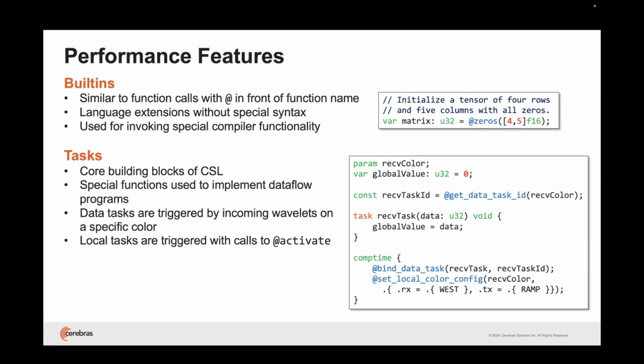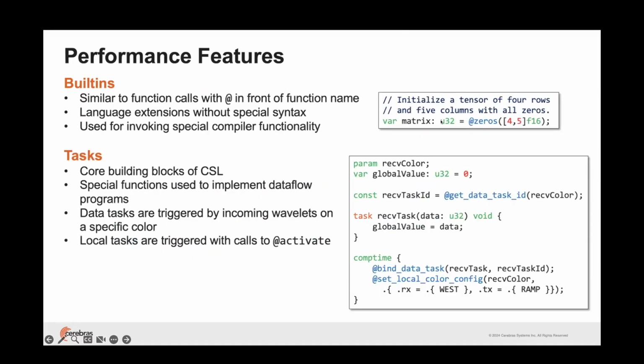They all begin with an at sign, and these are language extensions without any special syntax. So these can invoke special compiler functionality. The simplest example is one right here, this @zeros, which is declaring a 4x5 matrix.